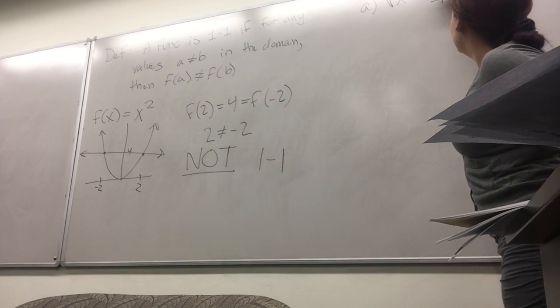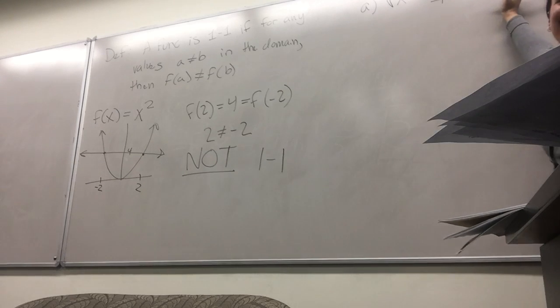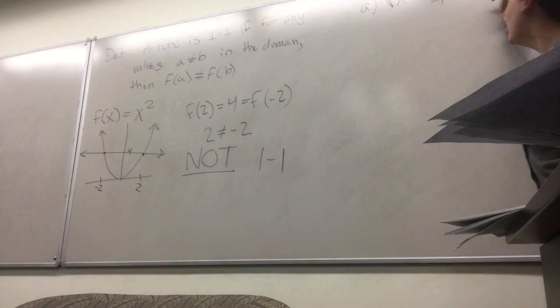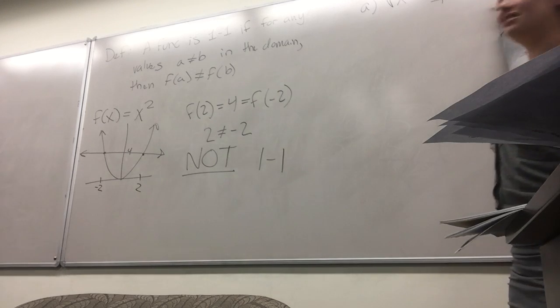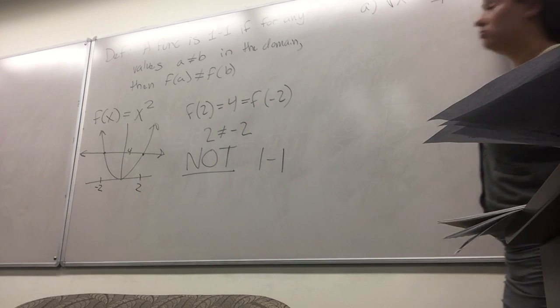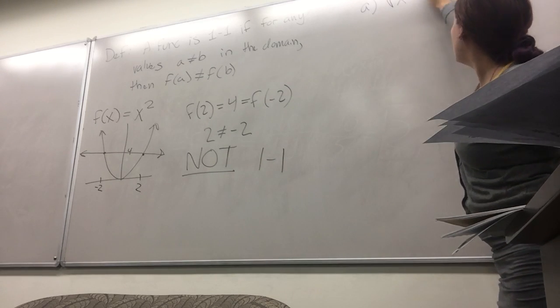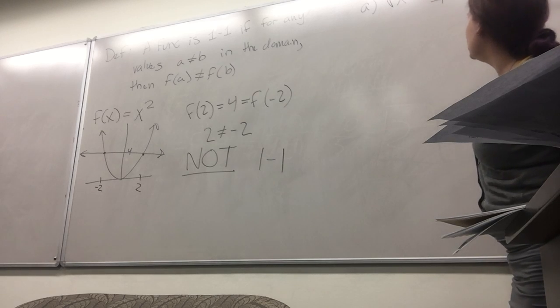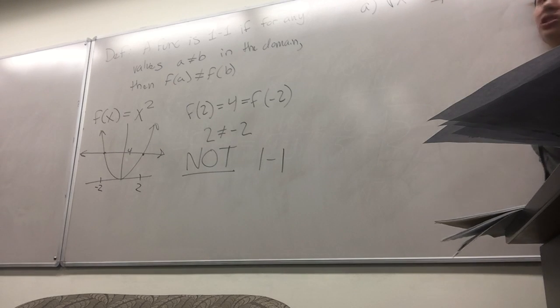A side swoop. Very technical, right? Side swoop. Okay, so does this pass the horizontal line test? Yes. We can draw a whole bunch, anywhere along here, it passes. It's all good because it does not touch the graph in multiple places.